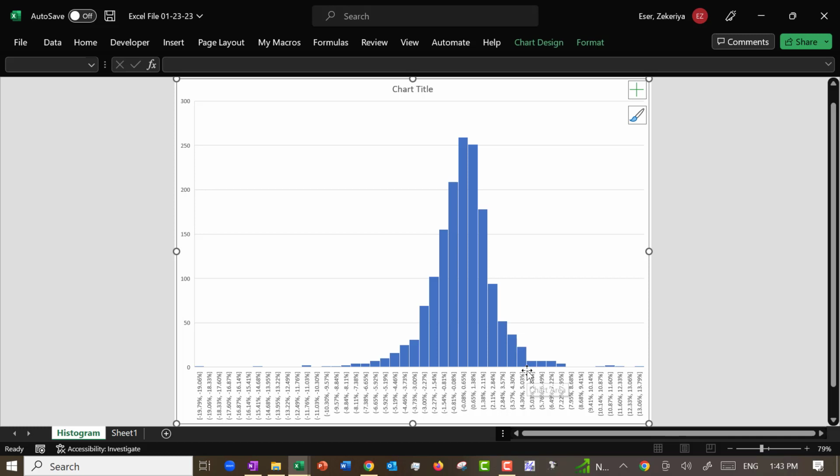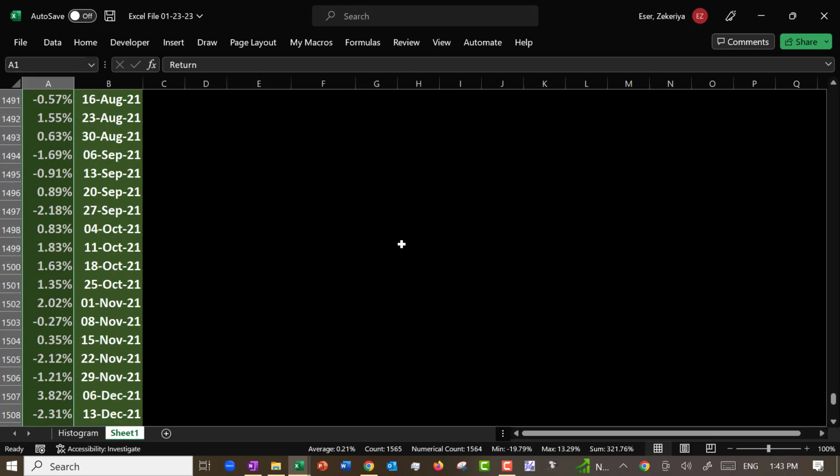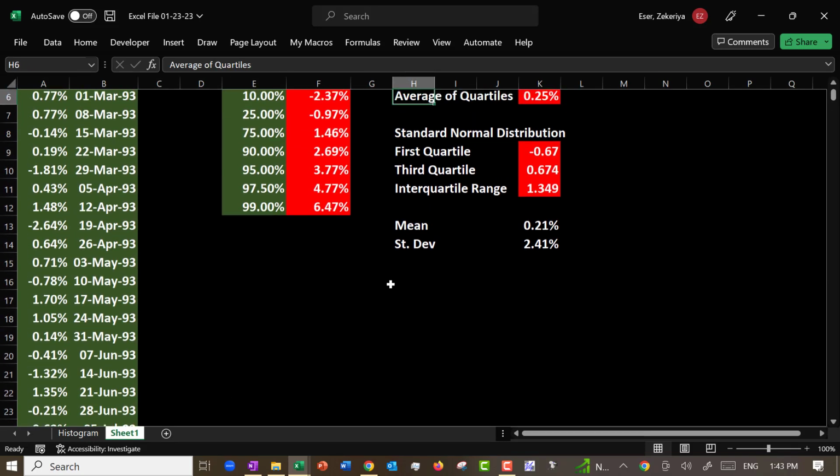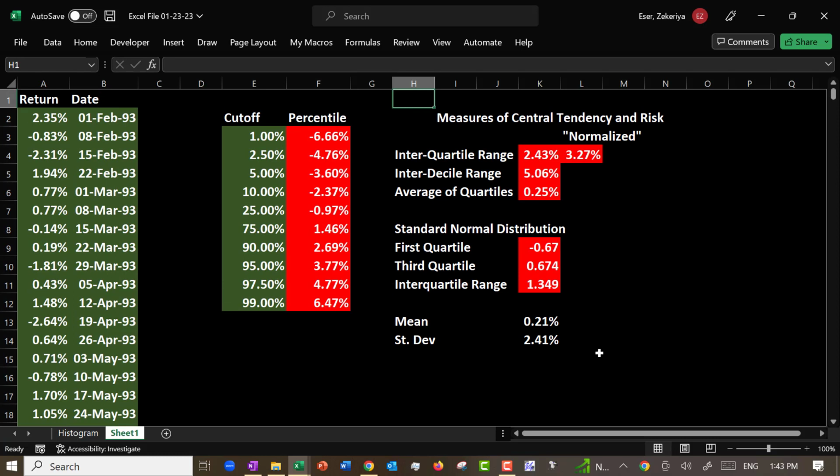And we're going to also ask ourselves whether or not the tails are fat. It's not that easy to figure that out from a histogram, but we can figure it out ourselves. For example, the 5 percentile for the normal distribution.